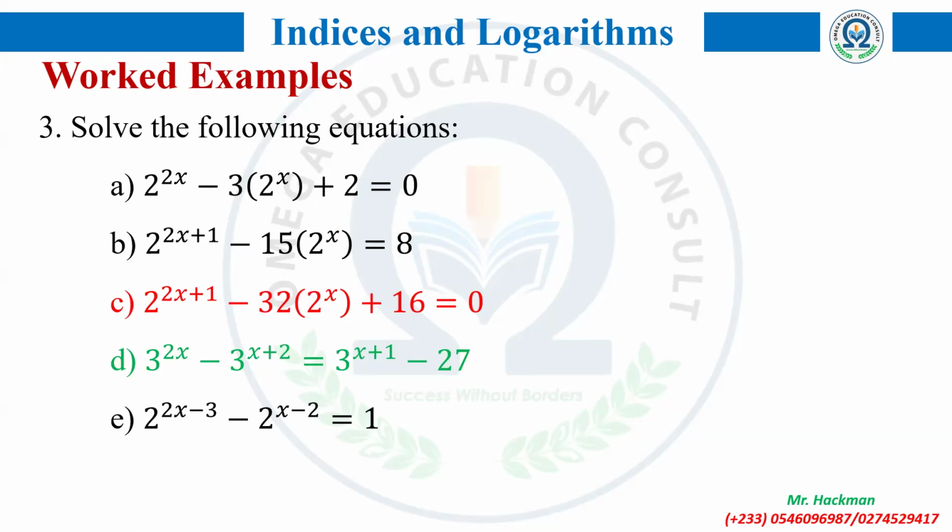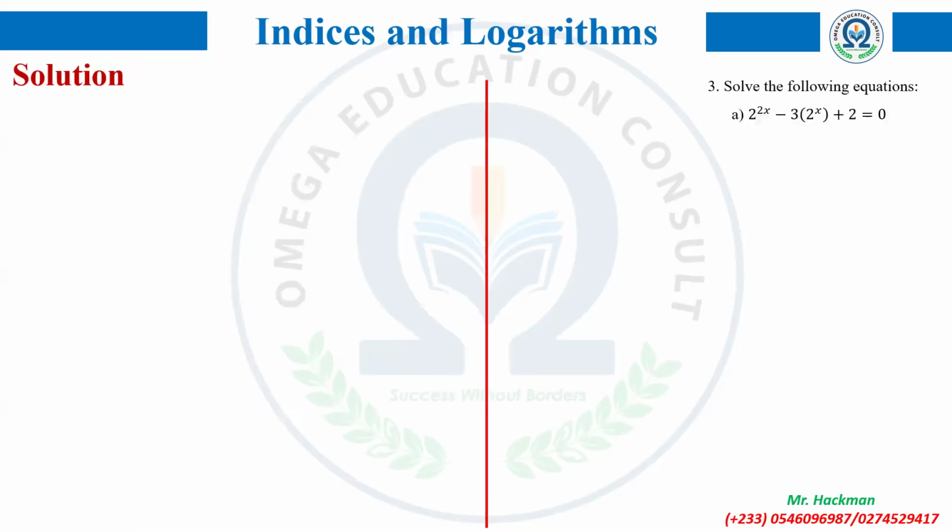As usual, when you read questions, the salient part you underline. There is no salient part here. Every equation you are asked to solve, the question number should come, then you extract what you are given.